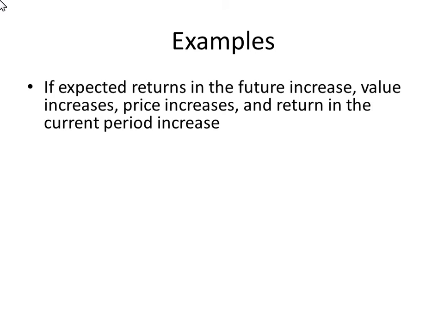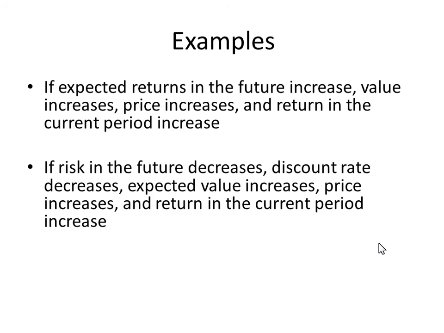If we see that the value of that firm has increased because its future cash flows have increased, and we've discounted those back, we would then expect that to lead to price increases. Most of the market participants see the value increase, so its price increases, and the rate of return in the current period would increase as well.